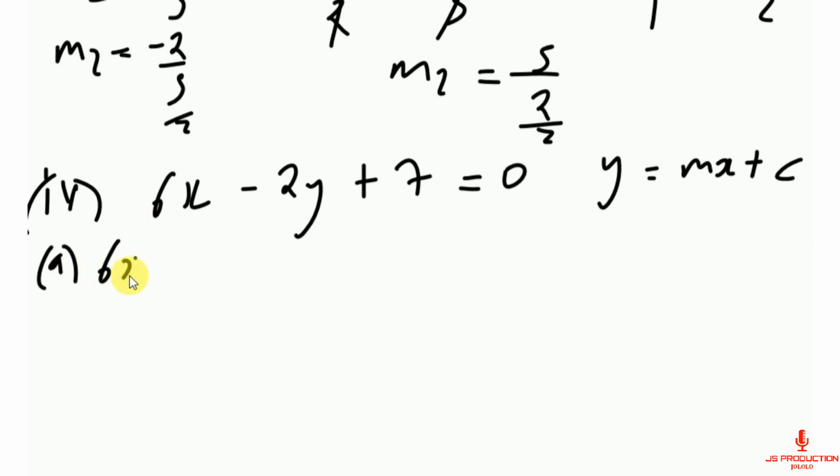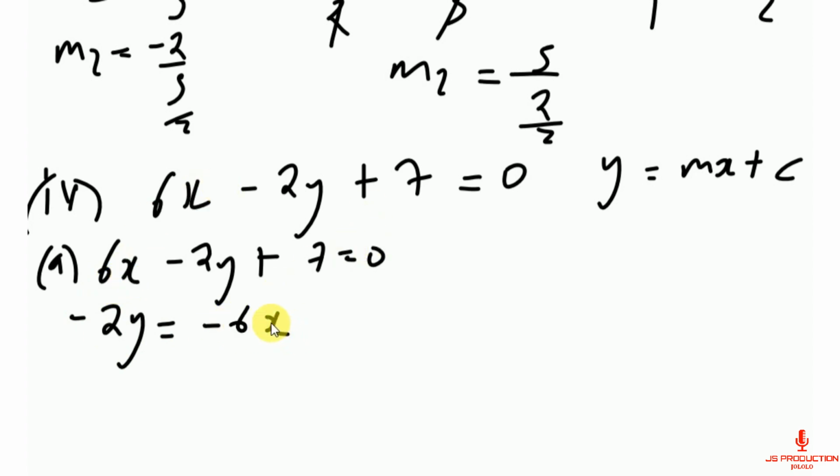So 6x minus 2y plus 7 is equal to 0, and we are going to transfer 6x and 7 to the other side of the equation. So we're going to have negative 2y is equal to, when 6x goes to the other side of the equation, it's going to be negative 6x. Then when positive 7 goes to the other side of the equation, it's going to be negative 7 there.